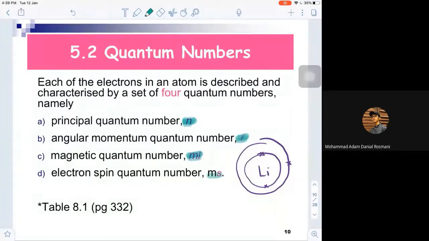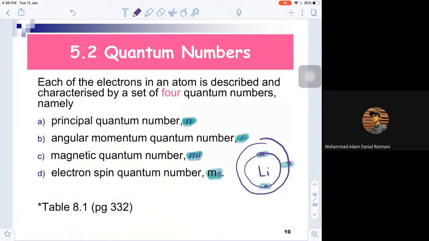Finally, the MS, we haven't seen this yet. Each electron in the lithium atom, which has 3 electrons, will have its own set of quantum numbers consisting of N, L, ML, and MS.